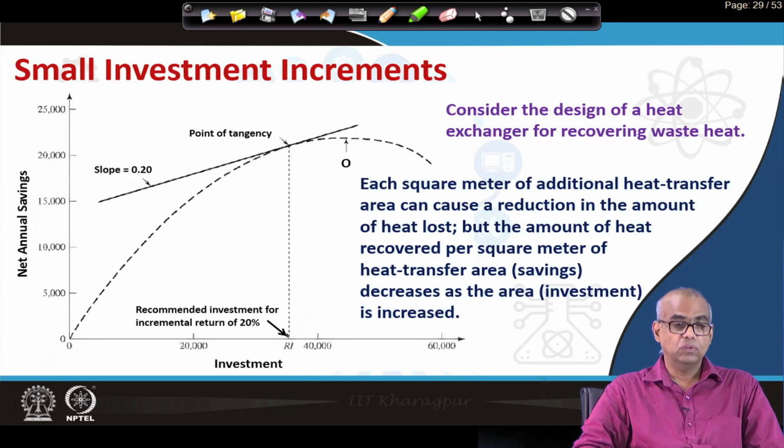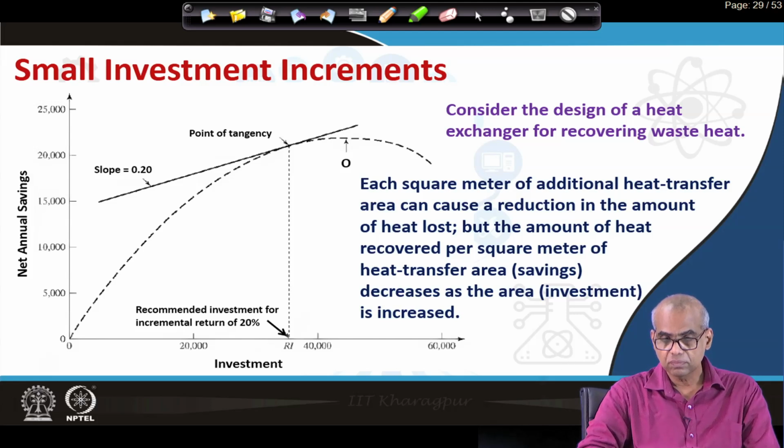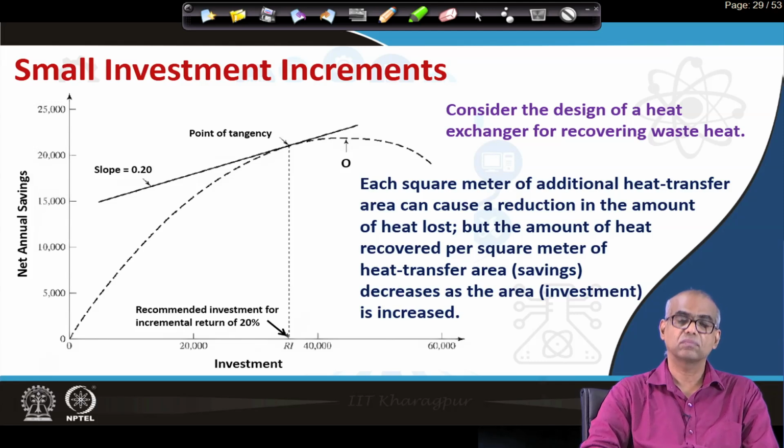Now, we talk about a situation where a small investment is possible. Let us take an example from heat exchanger design for recovering waste heat. Each square meter of additional heat transfer area can cause a reduction in the amount of heat loss. So, we are designing a heat exchanger for recovering waste heat.